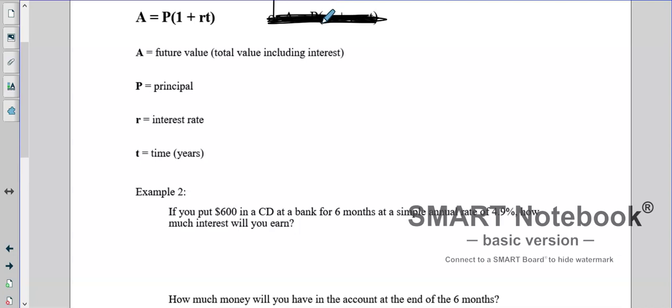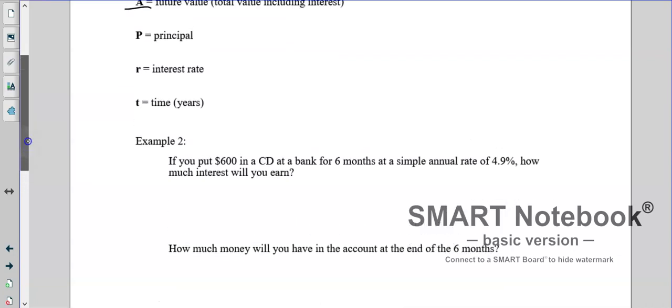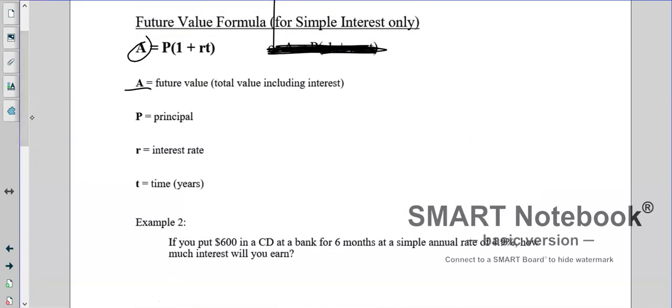This means A equals principal times, in parentheses, 1 plus r times t. We have a new letter, A, for future value, and everything else is still the same. So let's go back to that previous problem. Our future value is going to be the principal times 1 plus rate times time.